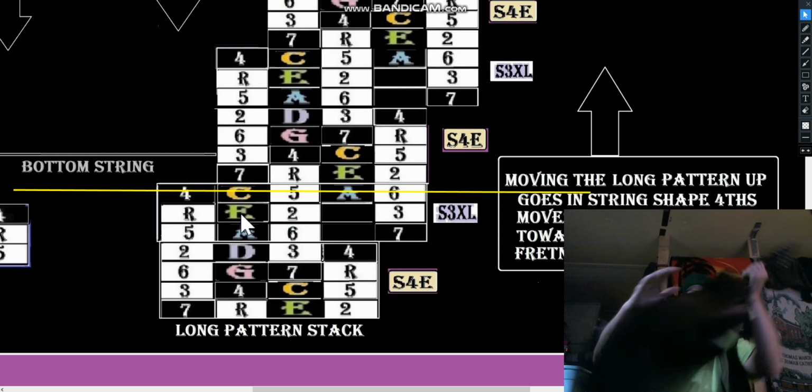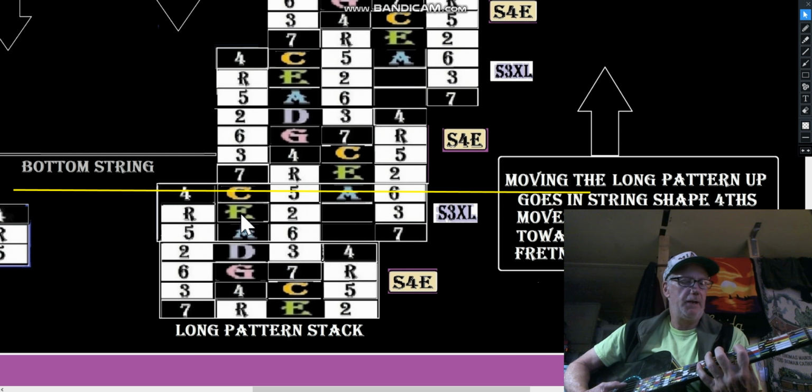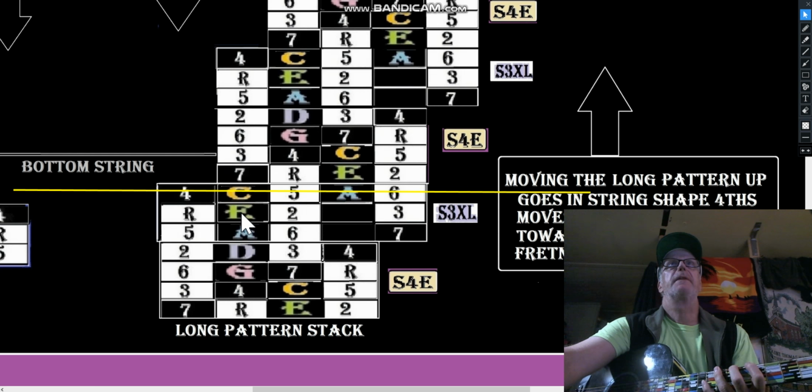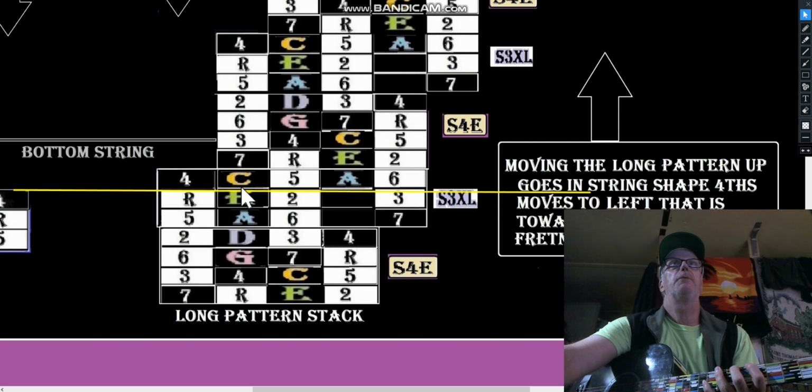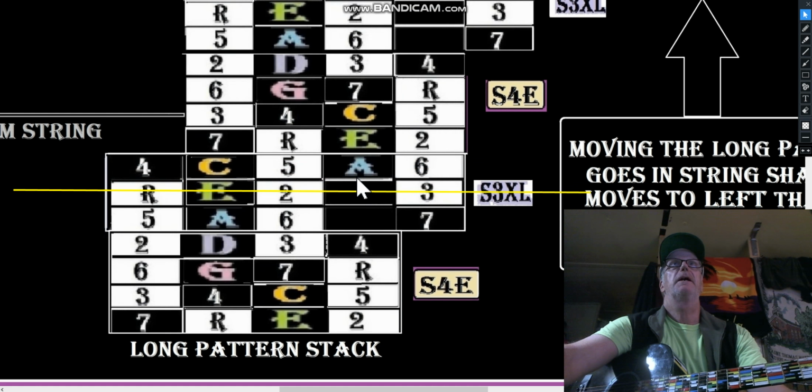Okay, so I'm going to start on my C shape here, but the long pattern, right? Okay, so we'll start on 4, 5, 6. Let's just start that from F. Now I'm going to move the pattern up. It doesn't even want to go up, but we've got to keep zooming in.